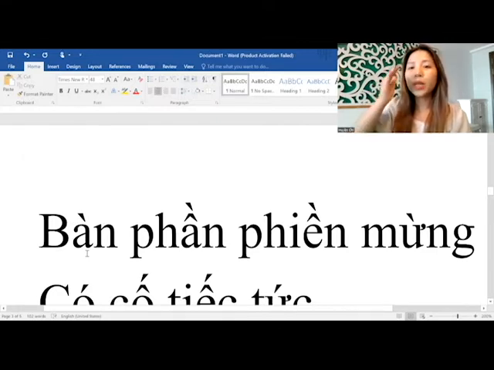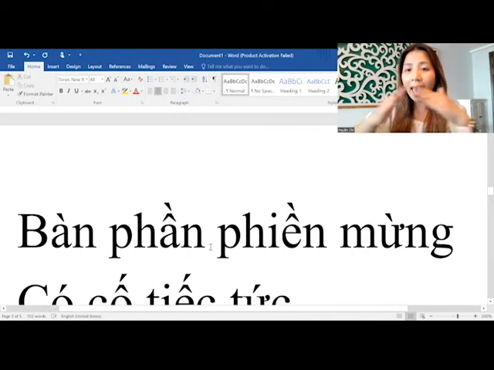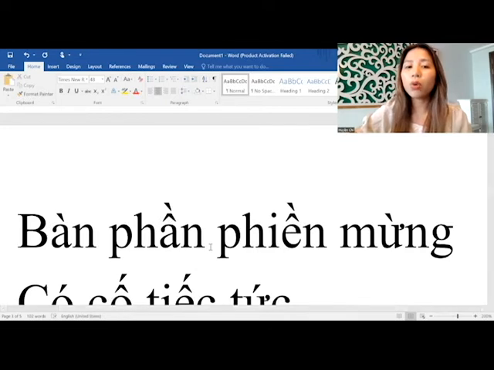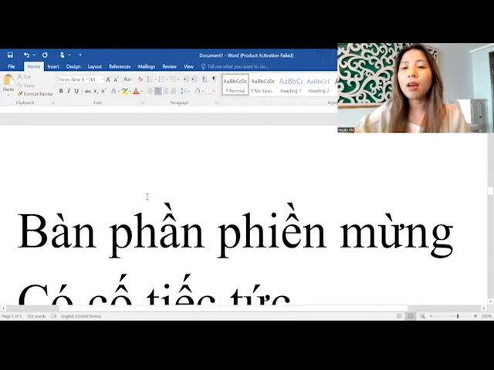You're going to put the tone in the middle of the vowel of the word. This one, bàn. If the vowel has a head or a hook, the tone will go above those letters with a head or a hook, like this.